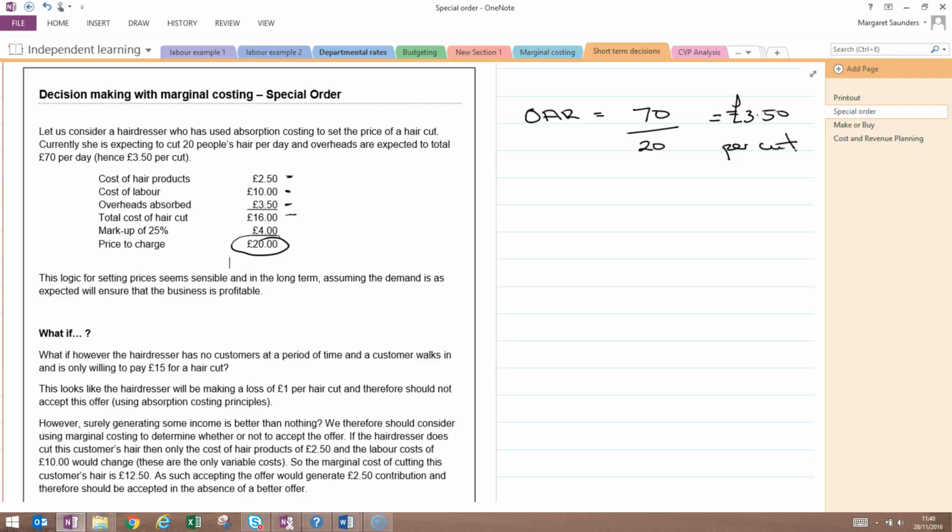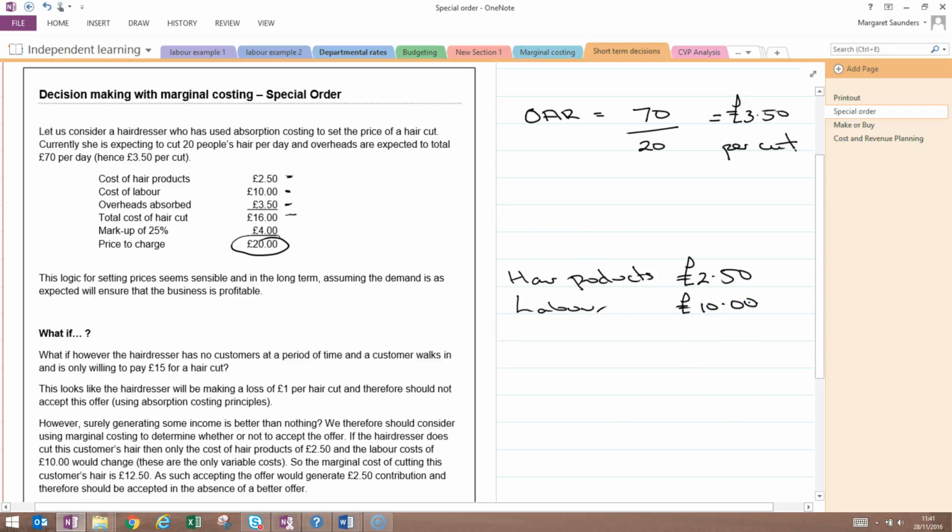Well, if we consider the additional costs that would be incurred if she goes ahead and does this haircut, there will be the hair products. So that's the direct material. There will be the labour, £10.